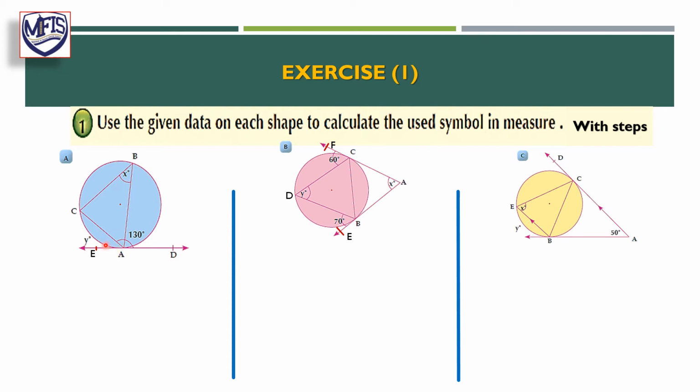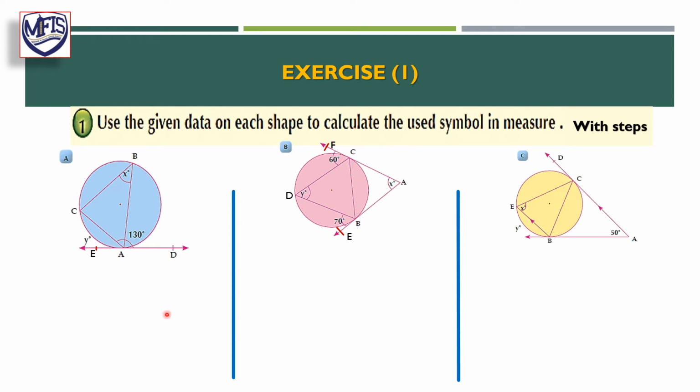Now, measure angle CAE equals measure angle B equals X. What is the measure of angle CAE? CAE here equals 180 minus 130. Then measure angle CAE equals 50. And also measure angle CAE equals half measure arc AC. Now measure arc AC equals twice 50 equals 100.